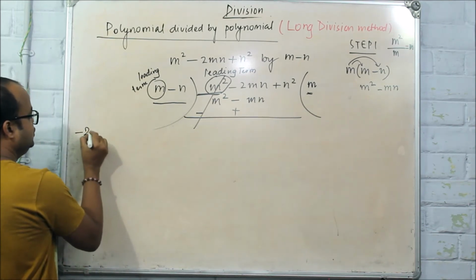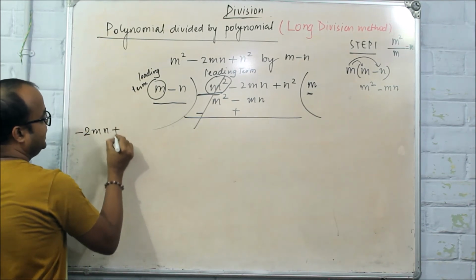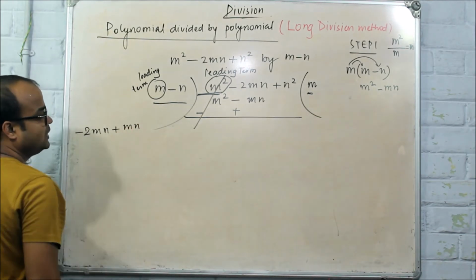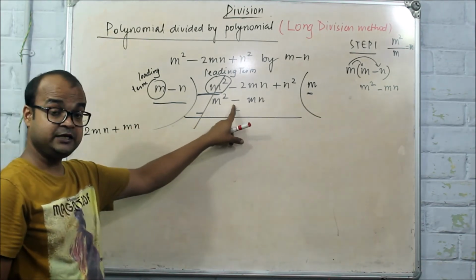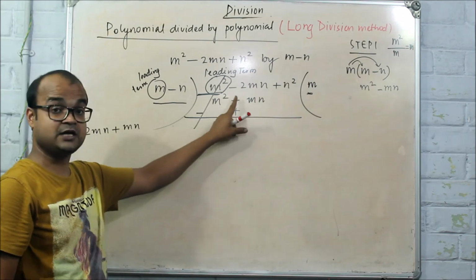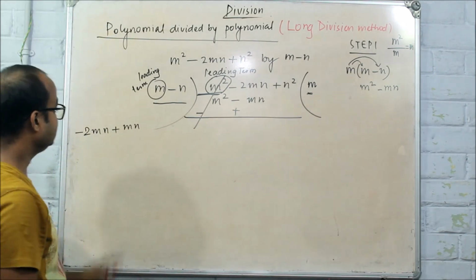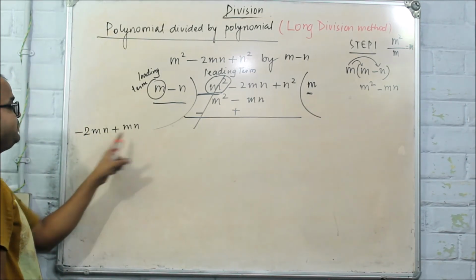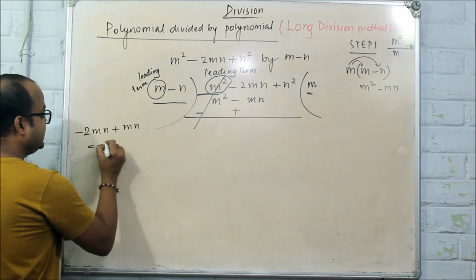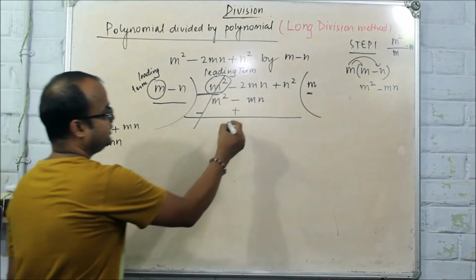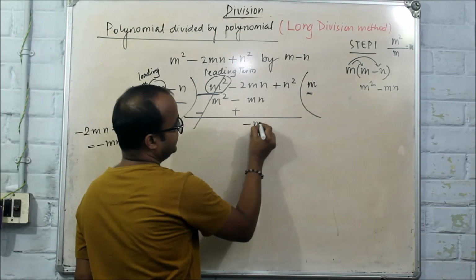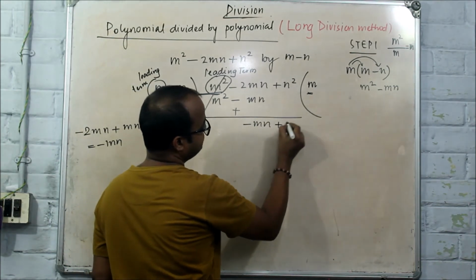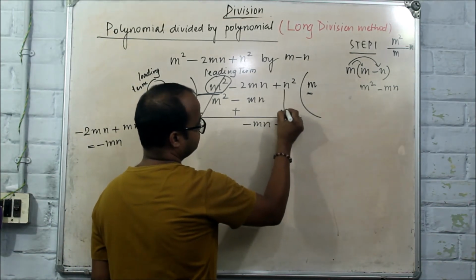So minus 2mn plus mn. Once you change the sign, forget about this sign. Clear? So minus 2mn plus mn is equal to minus mn. So here we write minus mn, plus we carry this term.